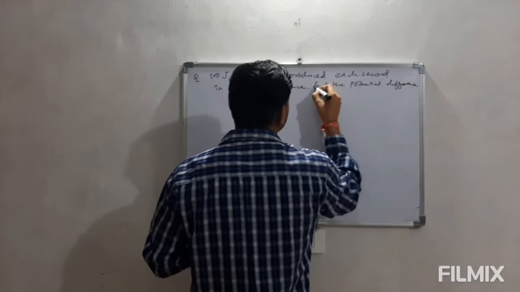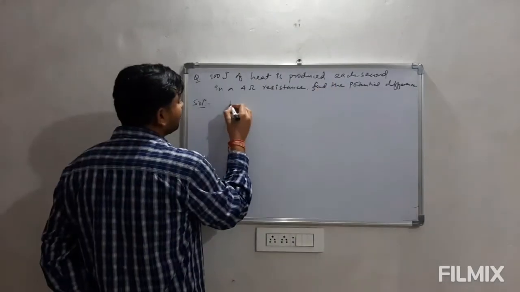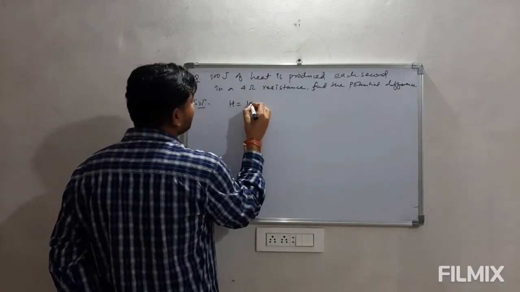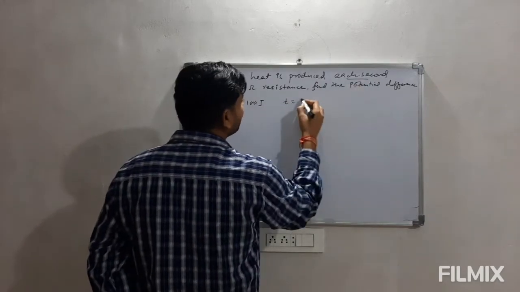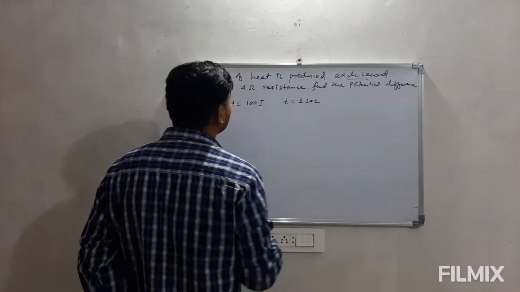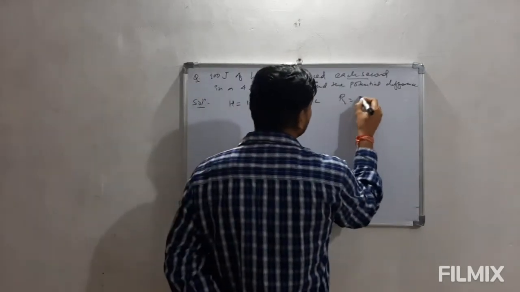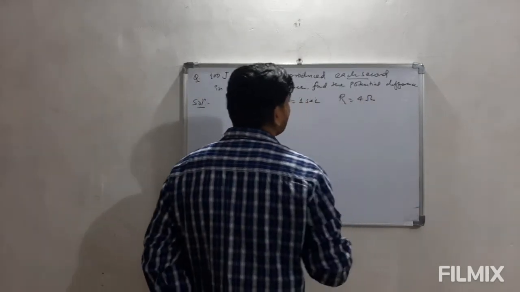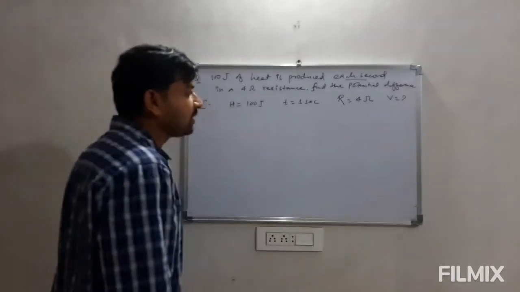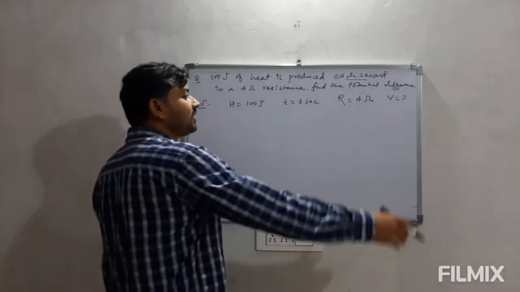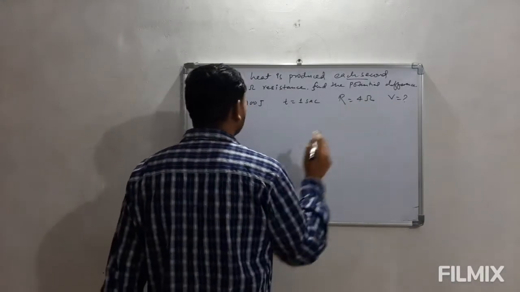See, this is a question of heat. So here what is given to us? H is equal to 100 joules. Time is given per second, so we can take it as 1 second. Resistance is 4 ohm, and we have to find the potential difference. Now to calculate the potential difference, we need the current here, as we have the resistance.